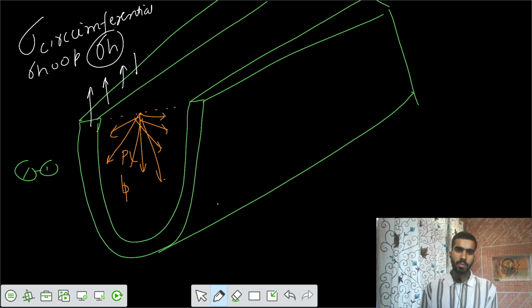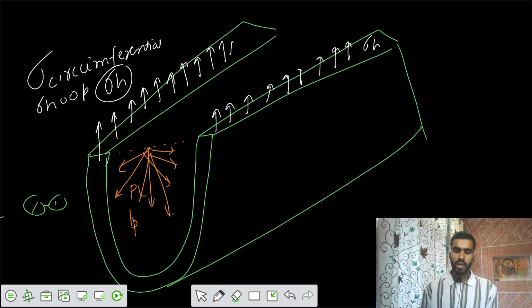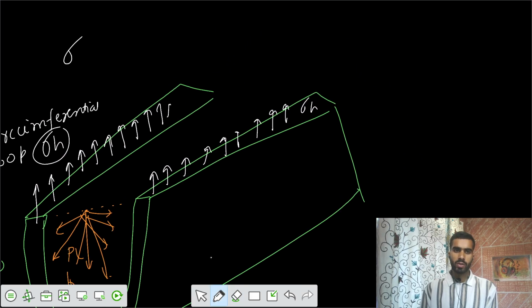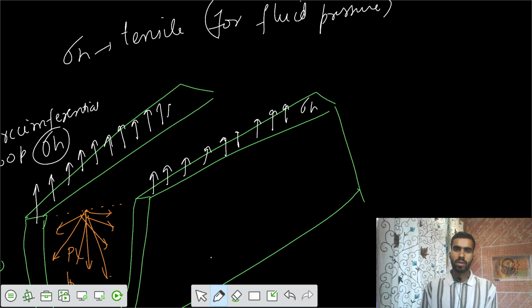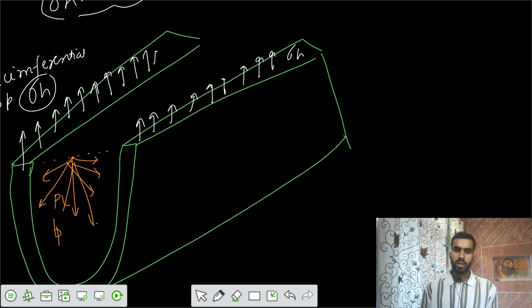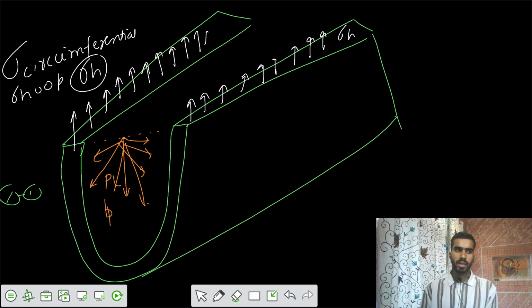It acts along the periphery of the material in thickness t, on both sides. For inside pressure, this sigma h is tensile. If the fluid is inside, the stresses developed in the material are tensile.